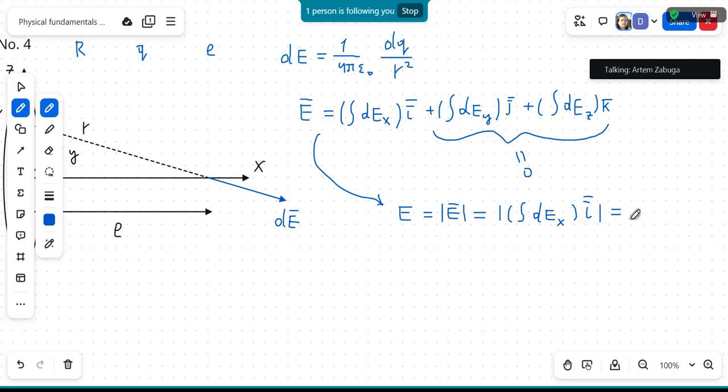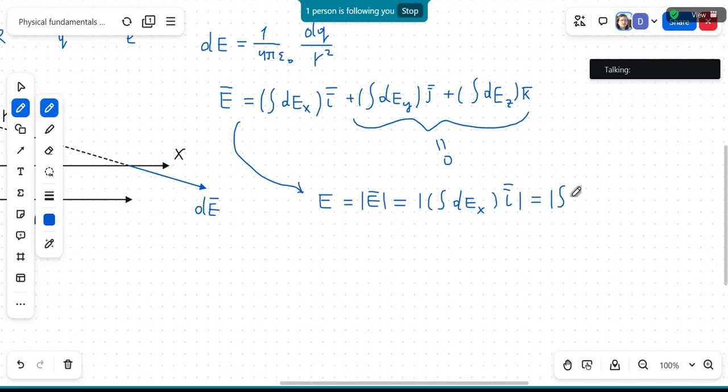So we have absolute value of integral dEx.